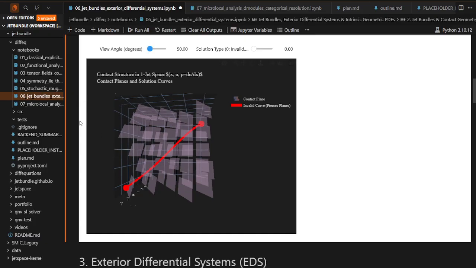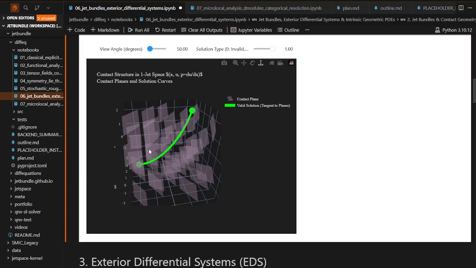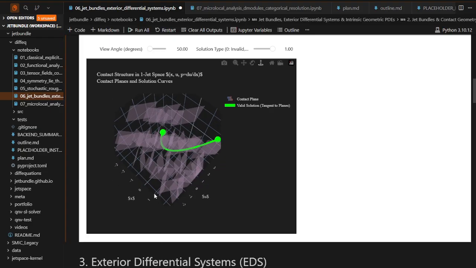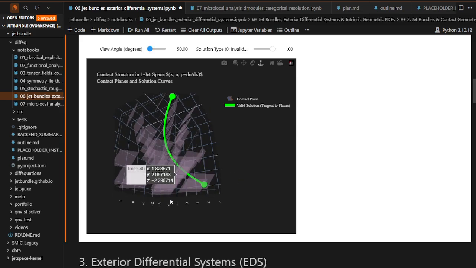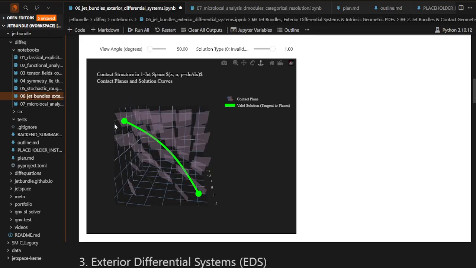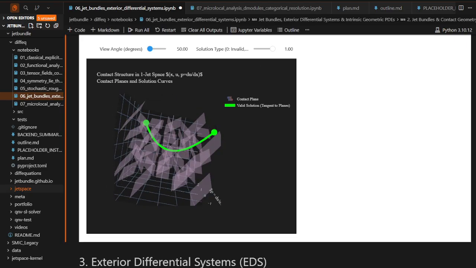And you'll see that this tangency is going to enforce holonomic sections. And this is why jet bundles rock. Invalid curves are obvious geometrically, and it allows you to prolong your intuition.